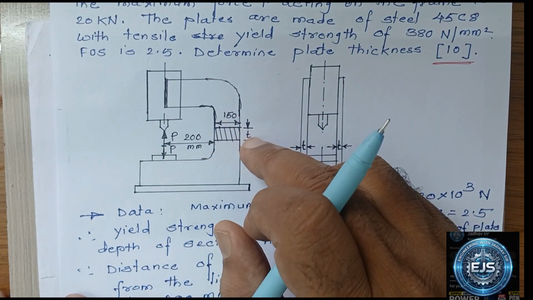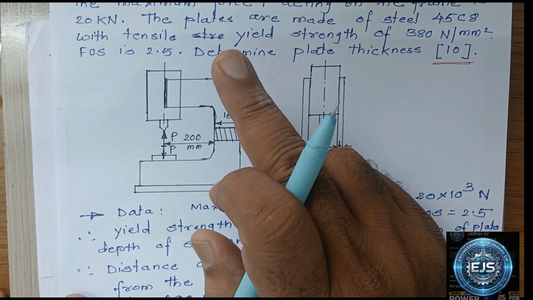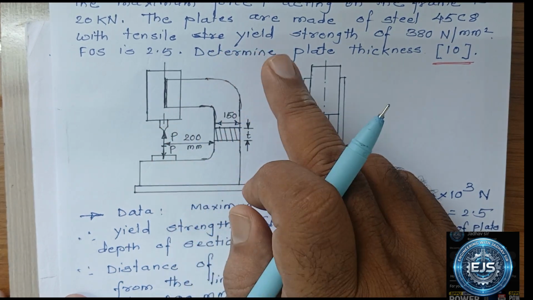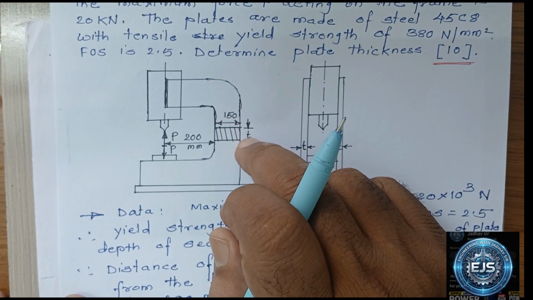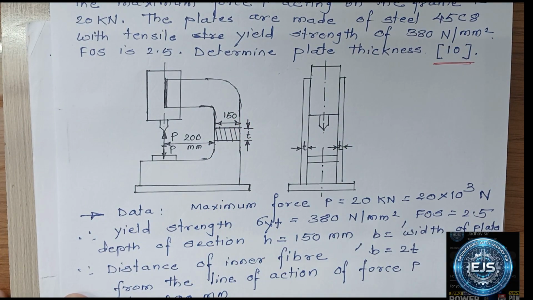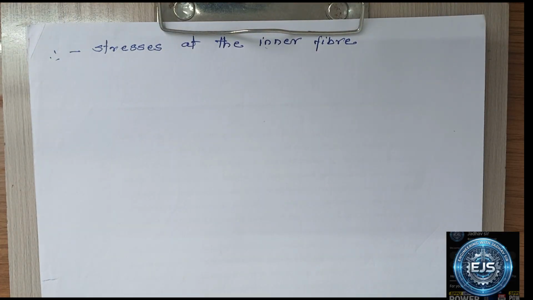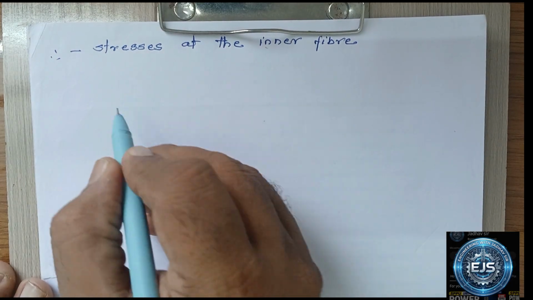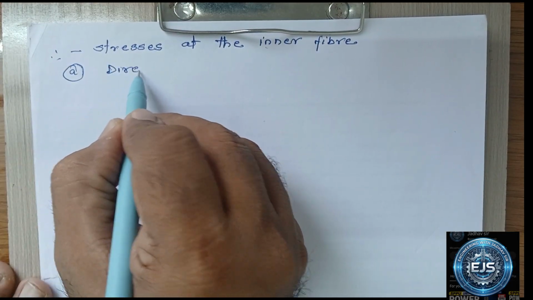Also, this load into eccentricity, 275, load into eccentricity, causes a bending moment in this way. When the bending moment acts like this, the inner fibers are subjected to tensile stress and the outer fibers are subjected to compressive bending stress. So the inner fiber is the most critical section for this hydraulic press. So we have to calculate first the direct tensile stress developed at the inner fiber.